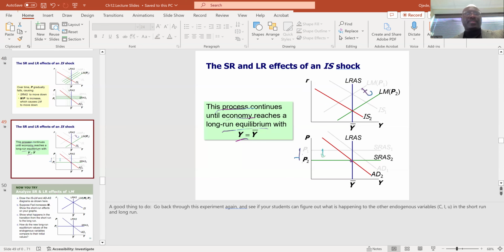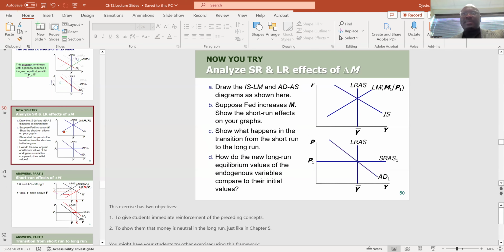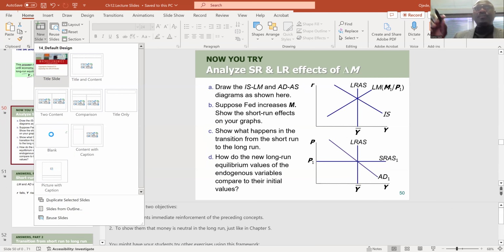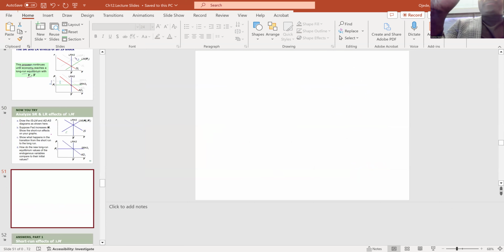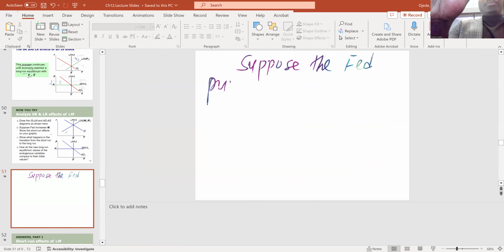Okay, let's do one more example of such shocks. Let's do a monetary shock. Suppose the Federal Reserve pursues an expansionary monetary policy.